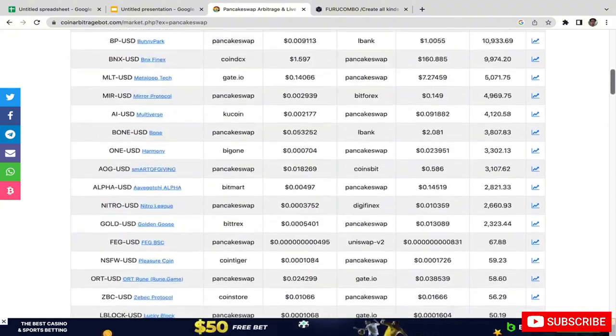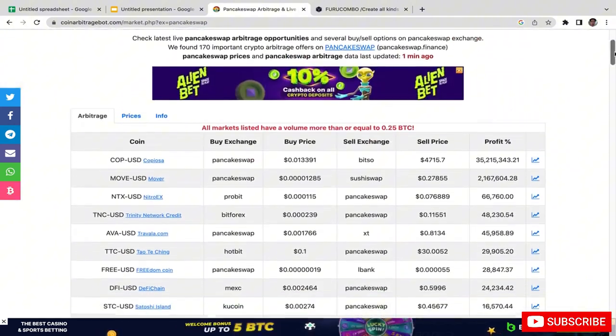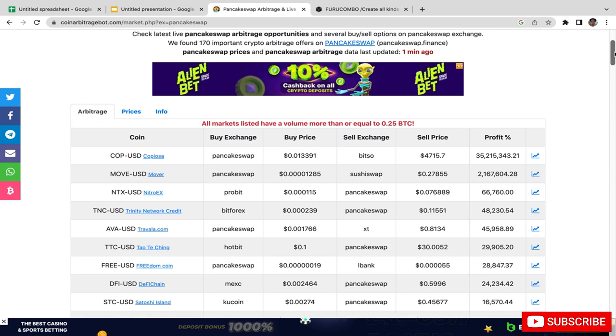Just try to find combinations of coins, like COP USD or TNC USD, whatever is supported in Furucombo.